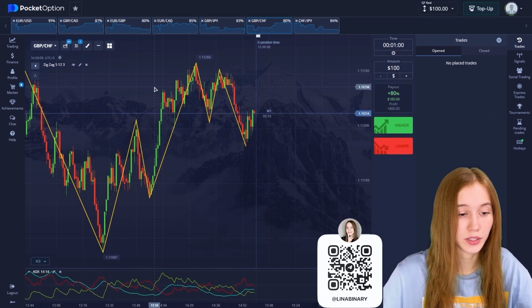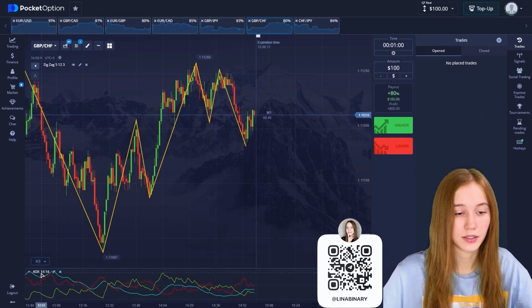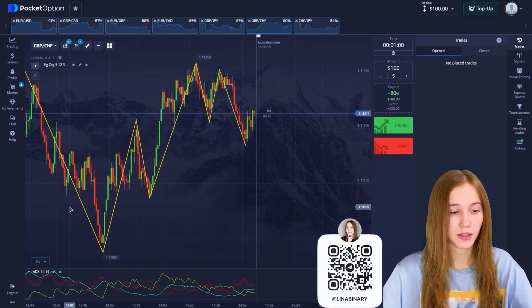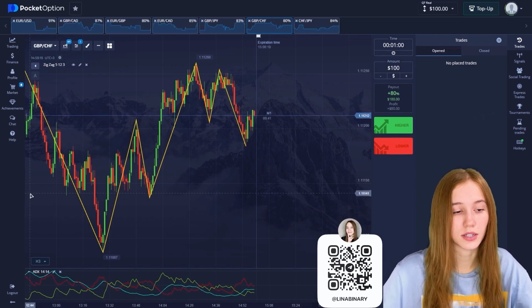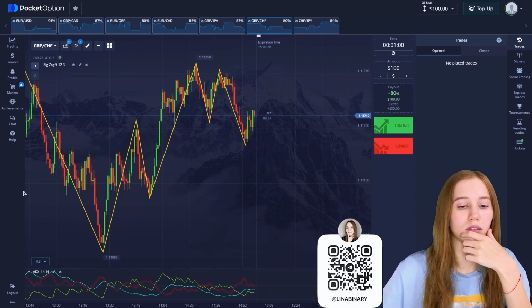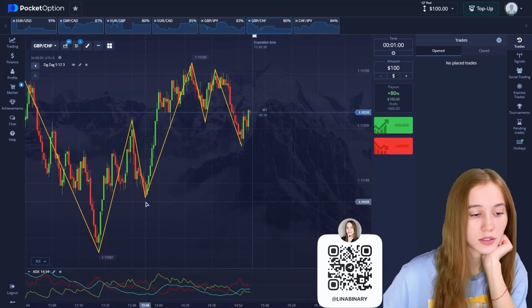Let's see, we will use our analysis and 2 indicators, this exact one and ADX. Let me tell you a little about these indicators. I'll tell you the theory and then I'll show it in practice. I'll start with the first indicator.